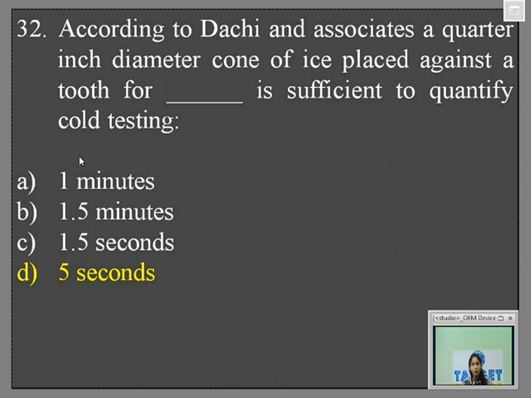Is that clear? Your normal temperature range which is tolerable by the pulp is 16 to 55 degrees centigrade, and the tooth responds in terms of pain when you have temperatures of 5 degrees centigrade for cold and 65 for heat. One thing you have to note here is that you have to know the conversion of degrees centigrade to Fahrenheit.